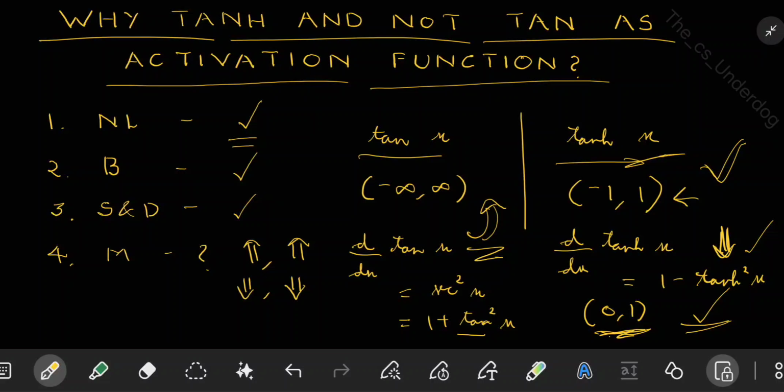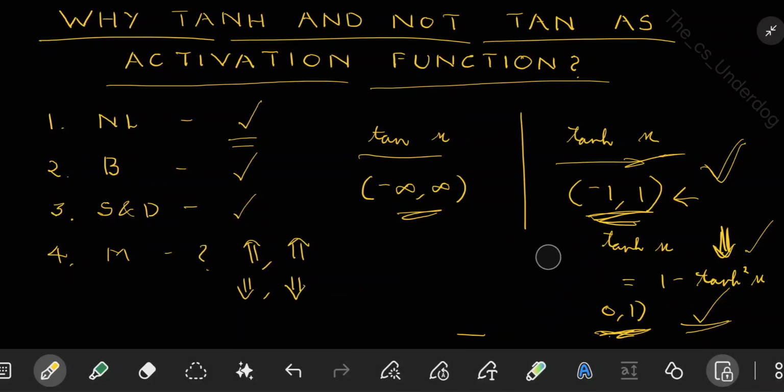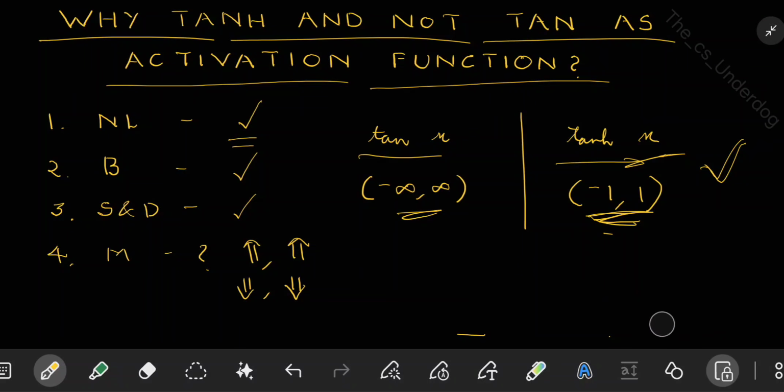Another point is that this is zero centered. Then you can argue that tan is also kind of zero centered, but the problem is it is not actually centered. It is exploding here and there, but tanh is neatly zero centered, because you have the graph of tanh something like this. This we had seen in the last lecture as well. The graph of tanh x will grow something like this.